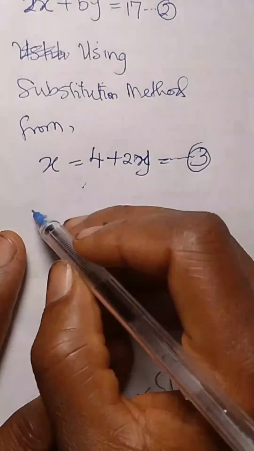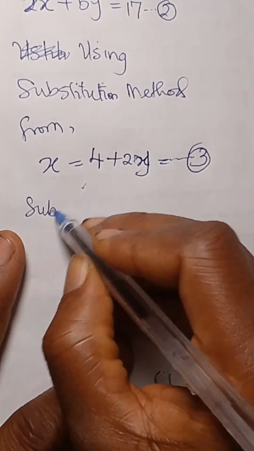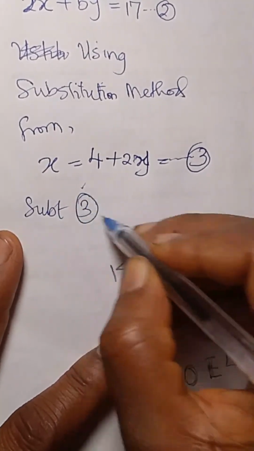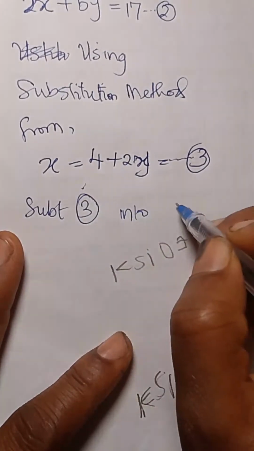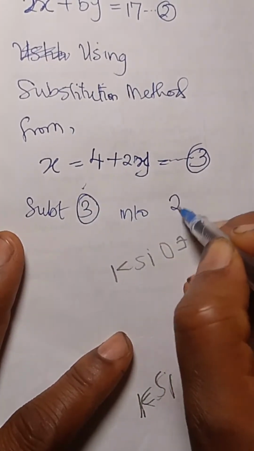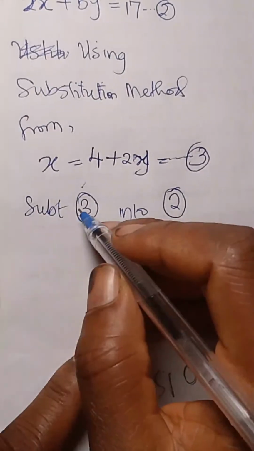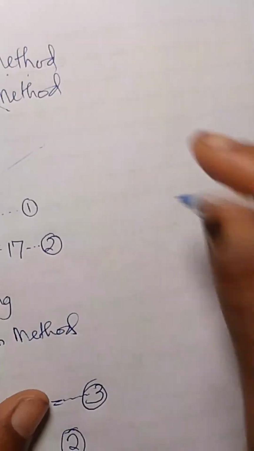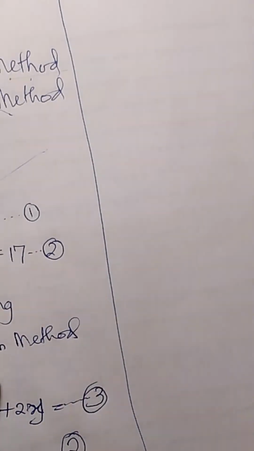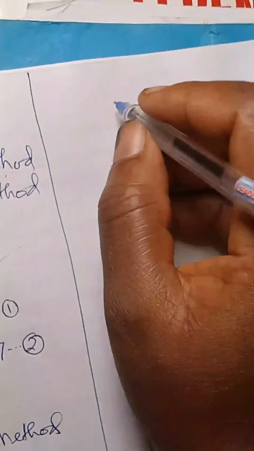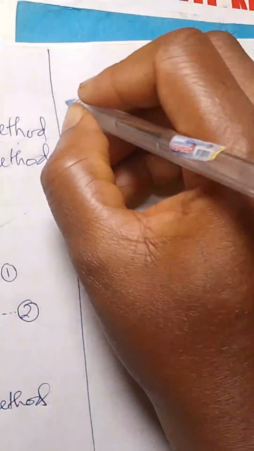Now, this equation 3, we are going to substitute equation 3 into equation 2. If we do that, we have 2x there.